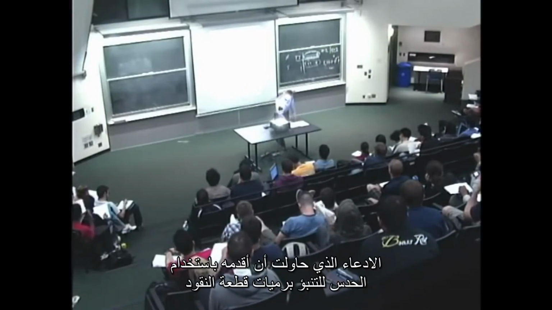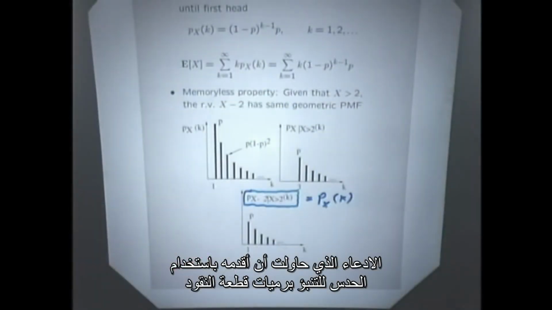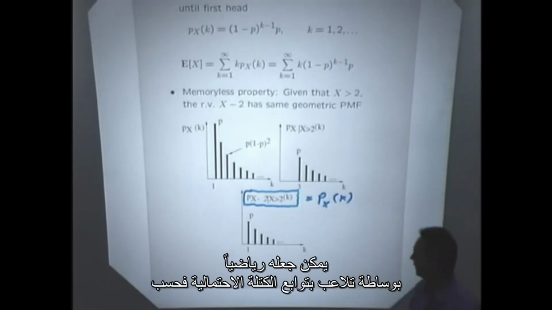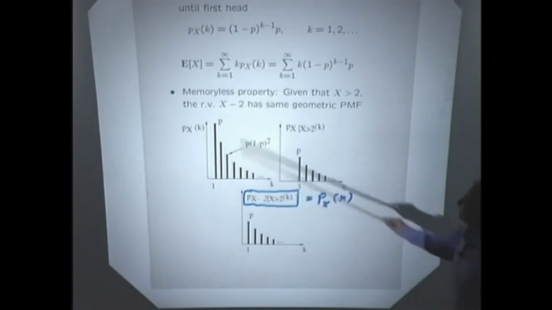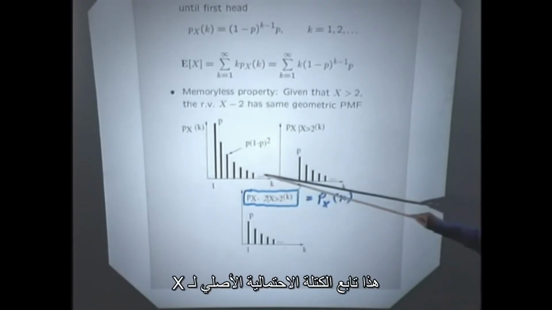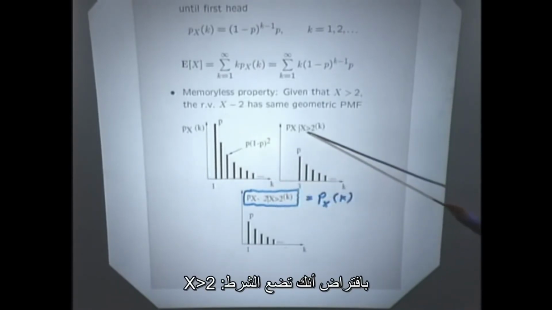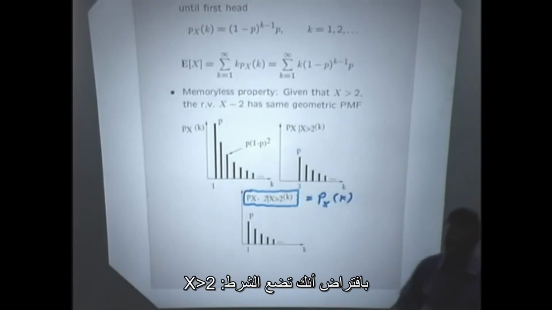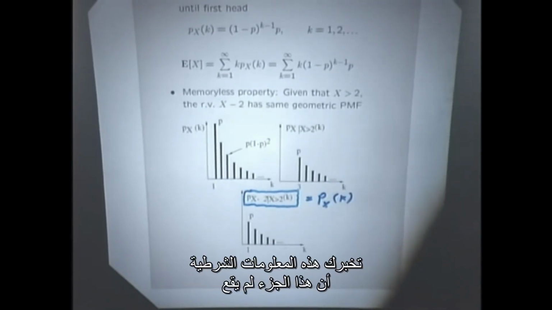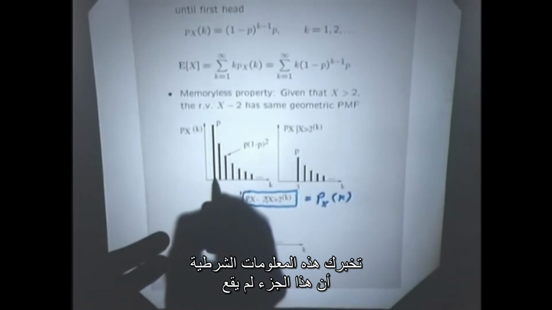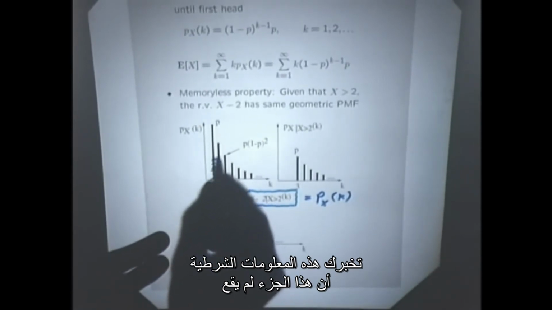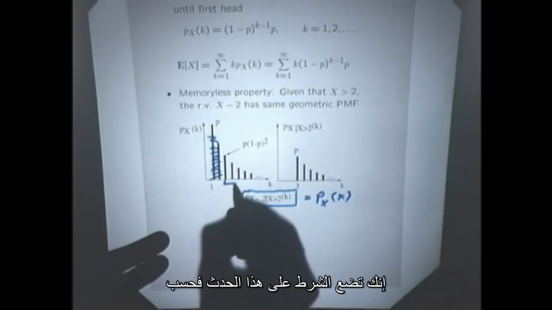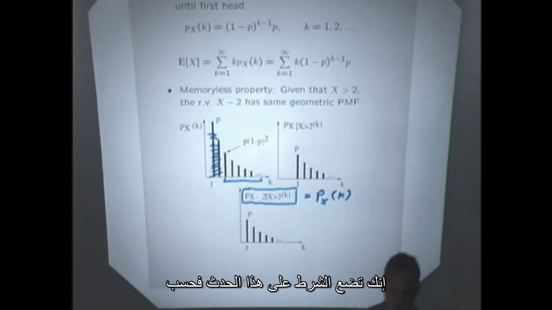The argument that I tried to give using the intuition of coin flips, you can make formal by just manipulating PMFs formally. So this is the original PMF of x. Suppose that you condition on the event that x is bigger than 2. This conditioning information tells you that this piece did not happen. You're conditioning just on this event.